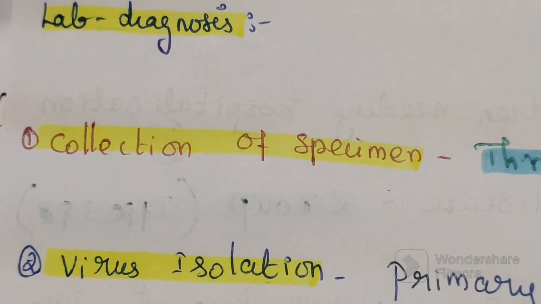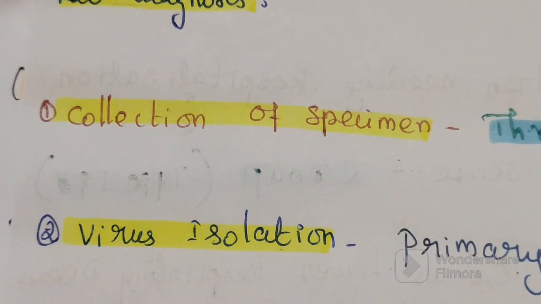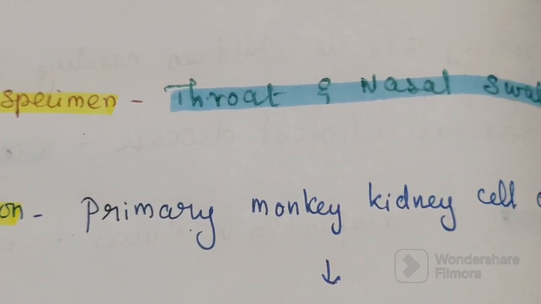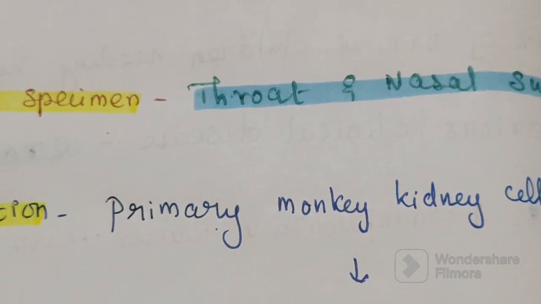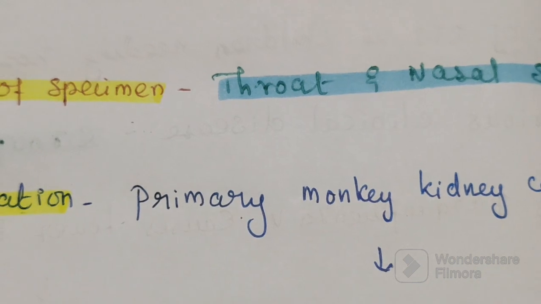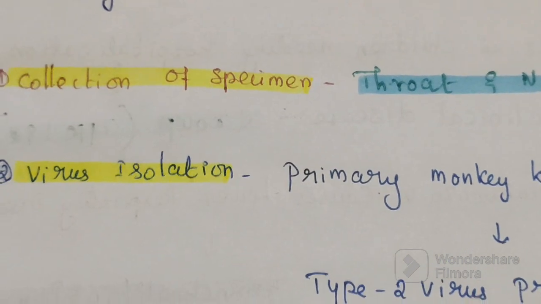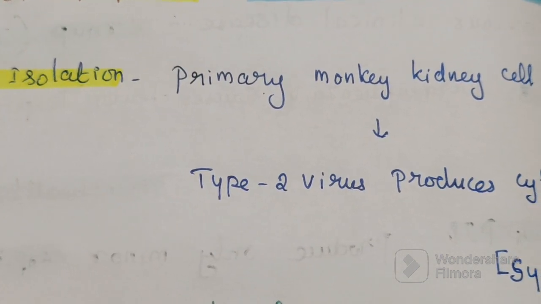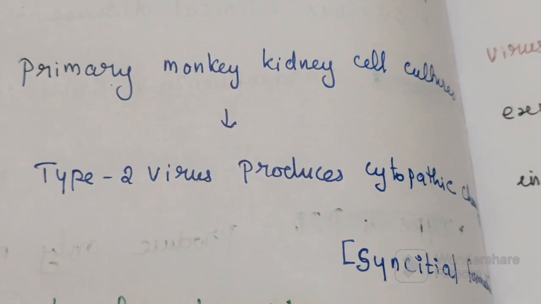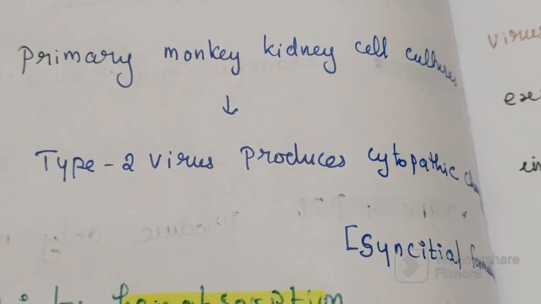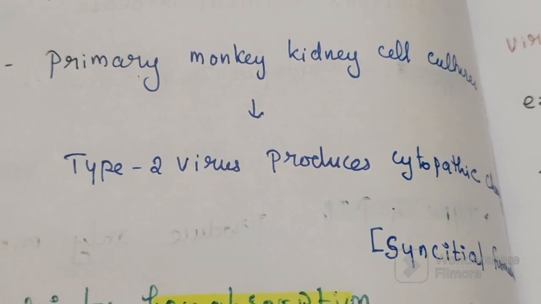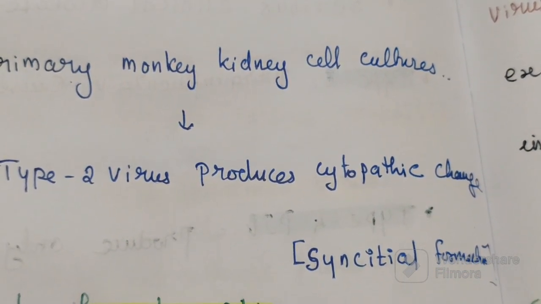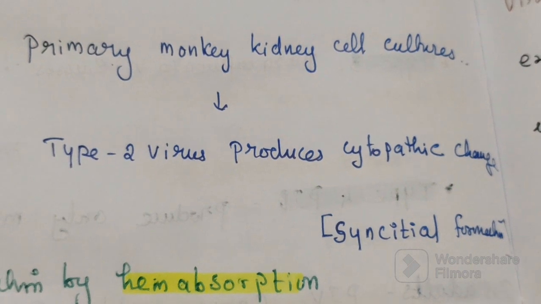Laboratory diagnosis of parainfluenza virus. First one is collection of specimen, throat and nasal swab, because all the infections are respiratory tract infections. Then virus isolation: throat and nasal swab inoculated into primary monkey kidney cell culture, in which only type 2 virus produces cytopathic changes, that is syncytia formation.